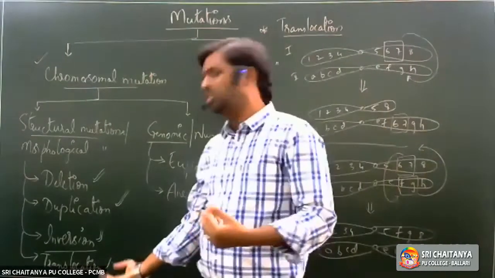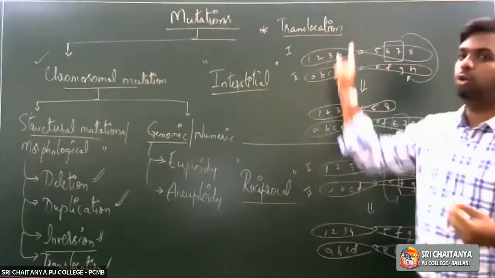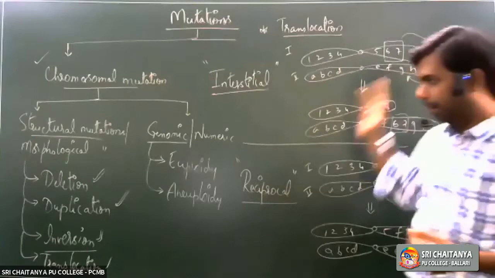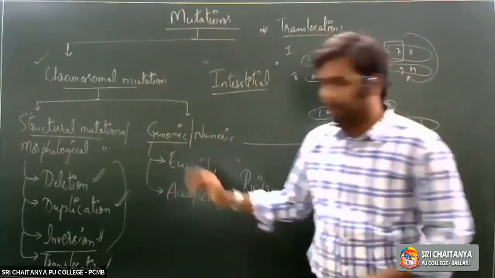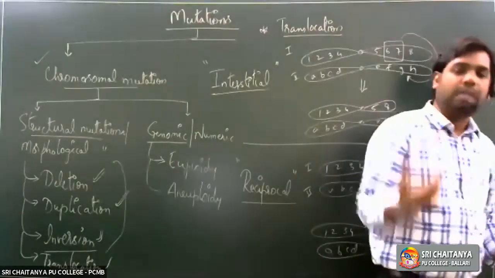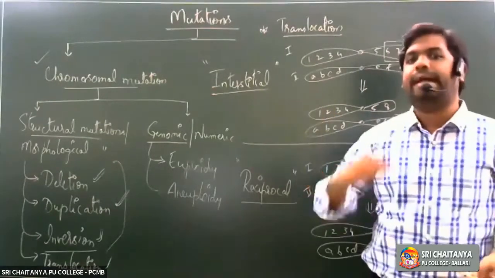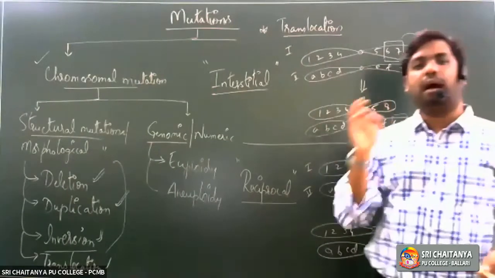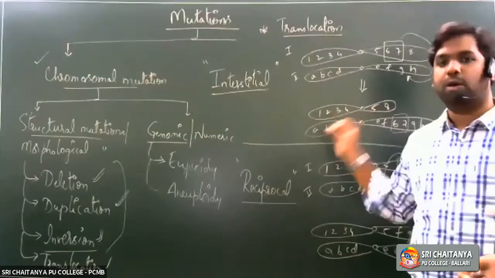And the last one, which is translocation, where there is translocation happening between the 2 homologous chromosomes, a pair of chromosomes. This is very important, what we need to remember. In all these 3 types of mutation, there is only one chromosome involved, that is in deletion, duplication, and inversion. Whereas in translocation, there is always a homologous pair of chromosomes involved. And that exchange of genetic material or part of the chromosome actually occurs between non-sister chromatids of the homologous pair of chromosomes.